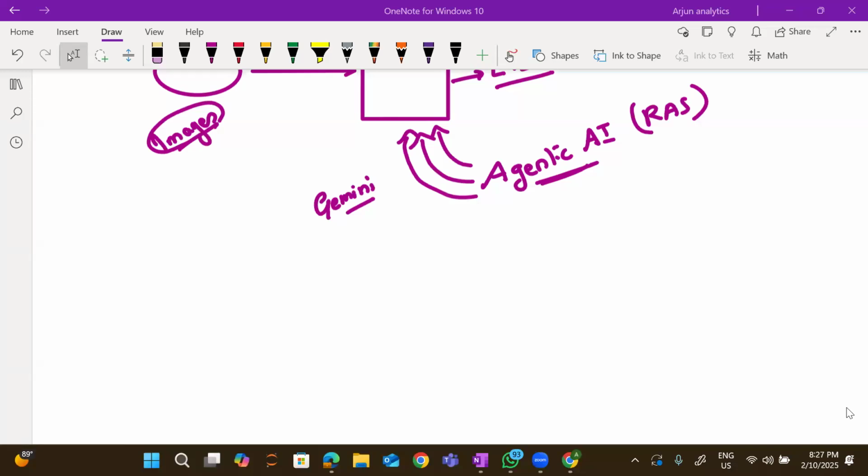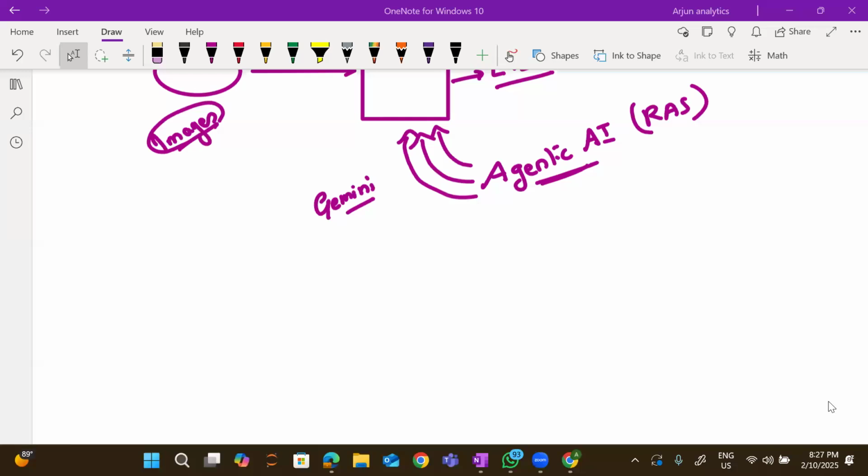Now, small language models, we usually call them expert systems. What do I mean by this? Large language models are very large, and they are not specific.